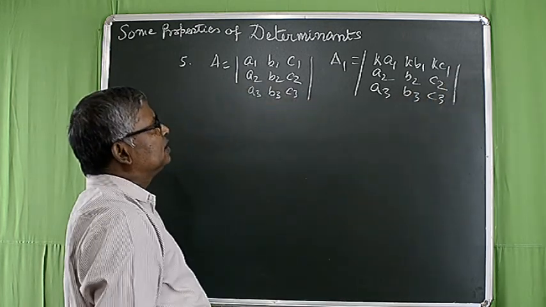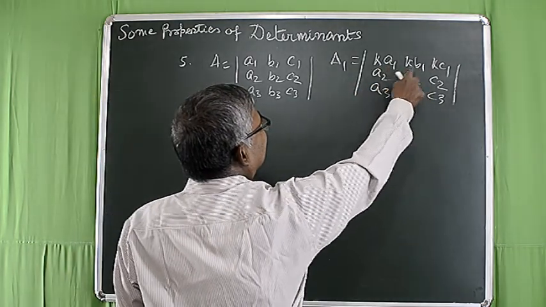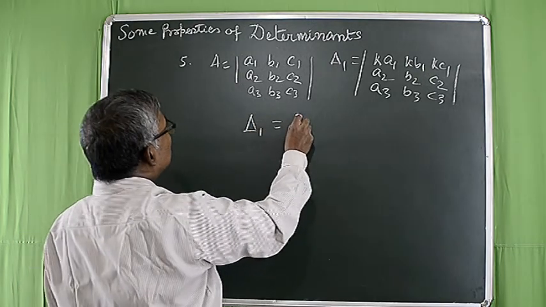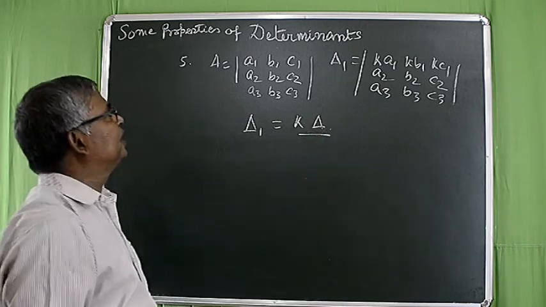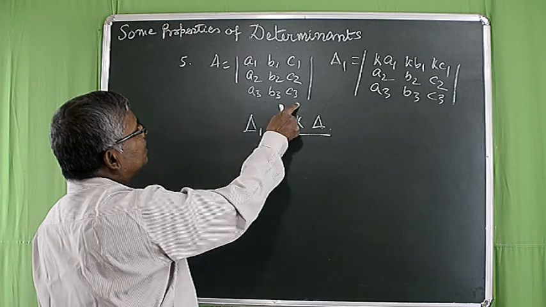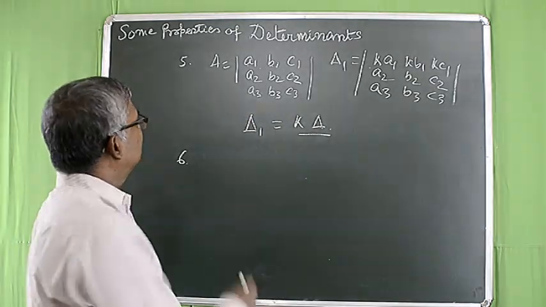Here see, each element of the first row is multiplied by k. Then del 1 equal to k into del. The value of the determinant is k times of the original determinant. Let us consider the sixth property.